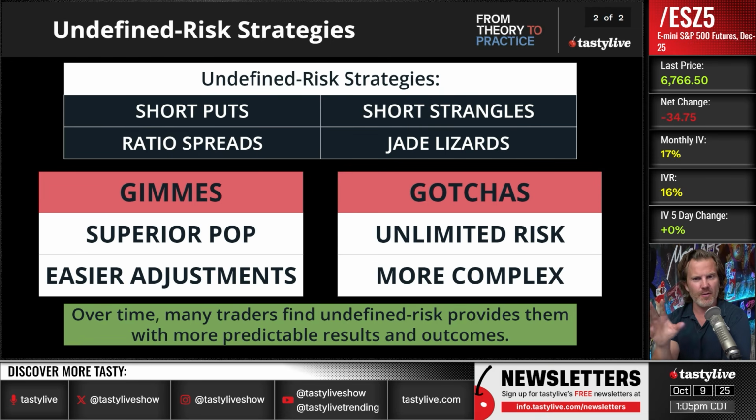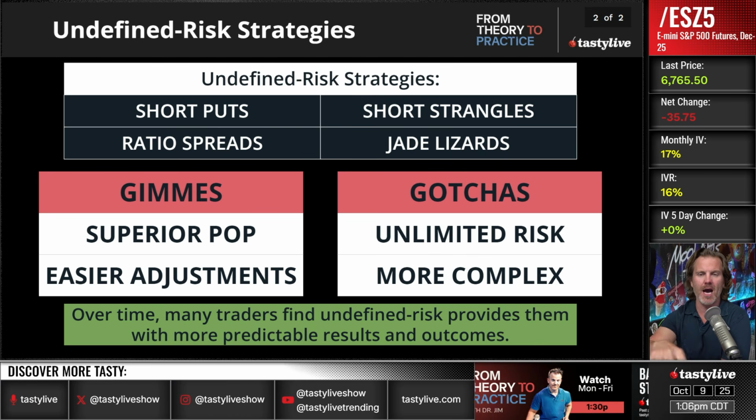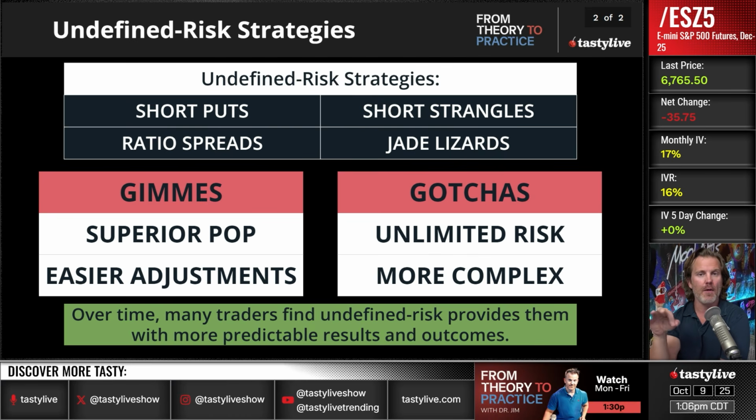But number two, the other gotcha is that it's more complex. Now you're engaging with something that has more moving parts. It's going to take more time to follow. It's going to take more investment on your part in terms of mental resources. Obviously, the buying power impact is going to be greater. It's just going to require more resources from you to put the strategy on and to monitor it over time.